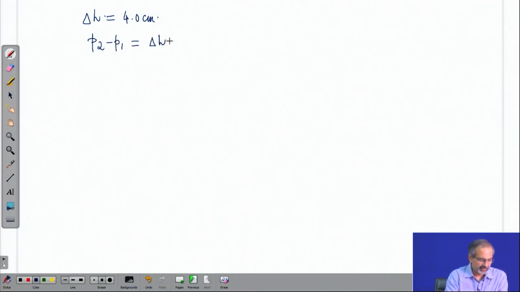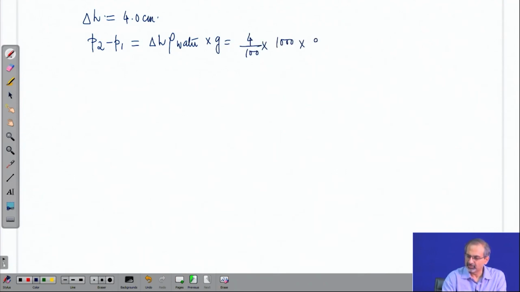We multiply delta H with the manometric fluid density, let us say it is water, that means 4 centimeter column of water into g. So, that is 4 by 100 into 1000 kg per meter cube into 9.81 meters per second square. That would give you a pressure difference of 392 pascals.